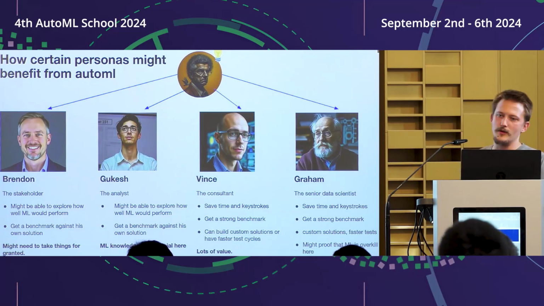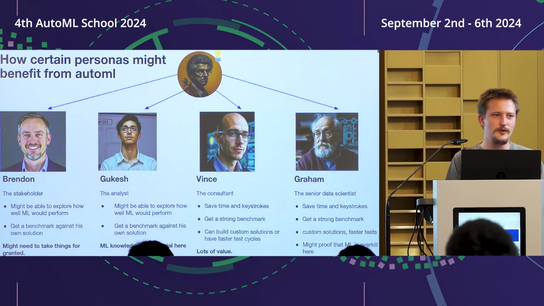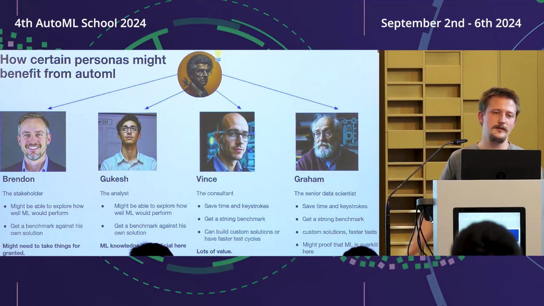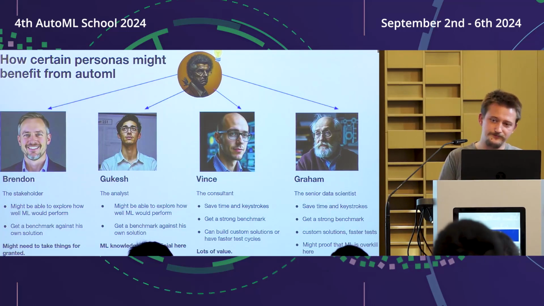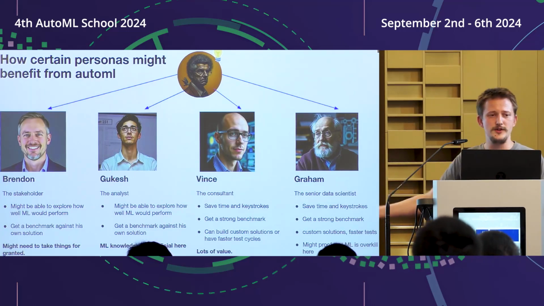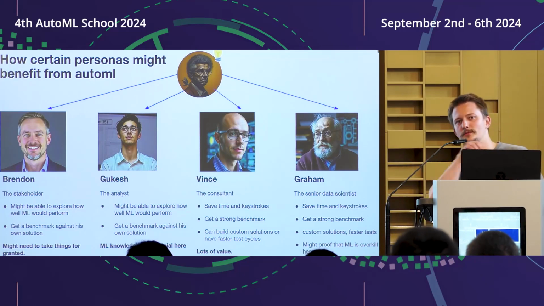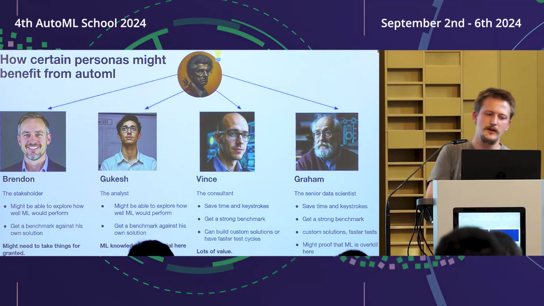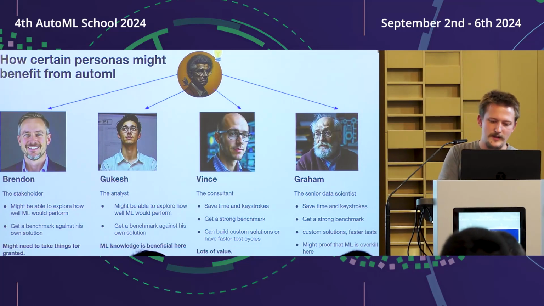When I started, I was an analyst. I had no clue about ML and I saw on DataRobot, ooh, there's XGBoost, and I learned something. They can also get a benchmark, as said before, against their own solution, so they have some point of comparison. But they can also inject their solution as a custom model into BlueCast and get the evaluation.